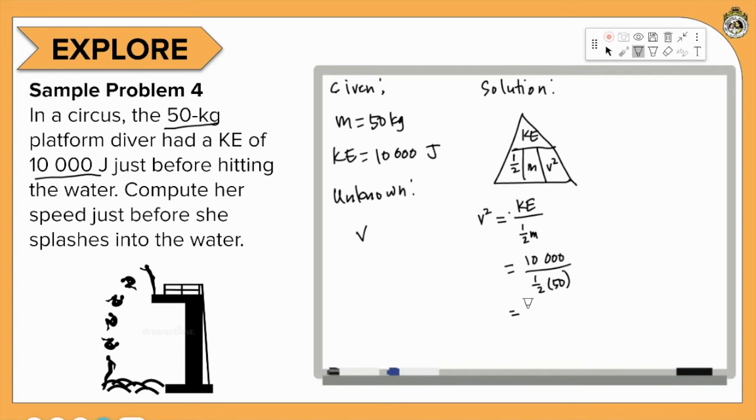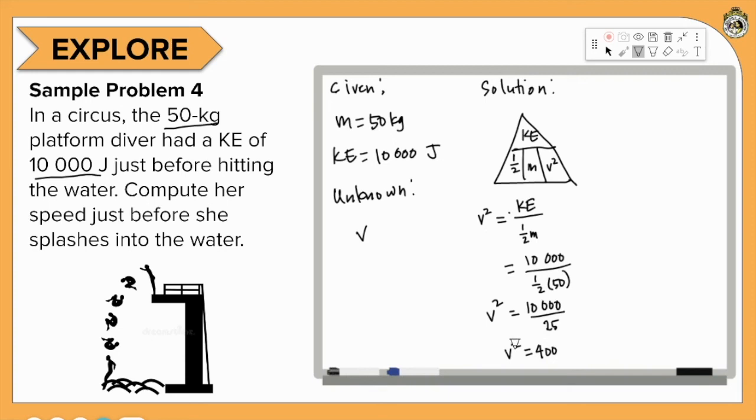So now it's easier to look for v squared. Just get your calculator: 10,000 divided by 25. Actually, you can solve this mentally, and that is 400. So v squared is equal to 400.